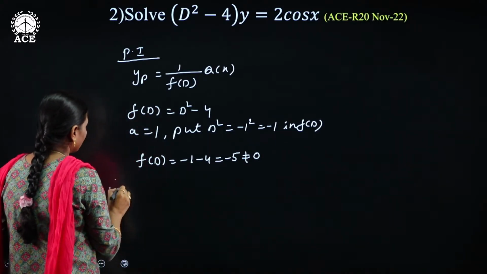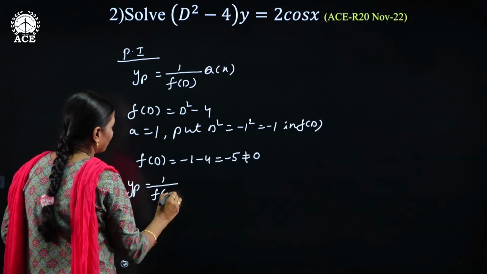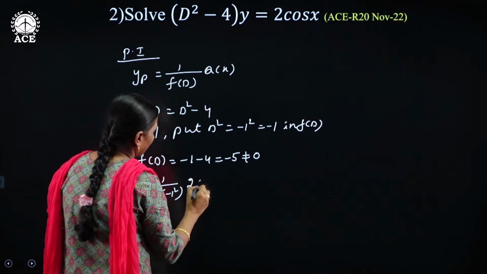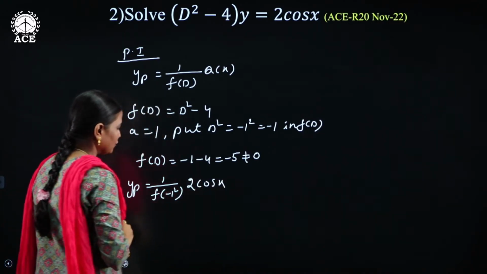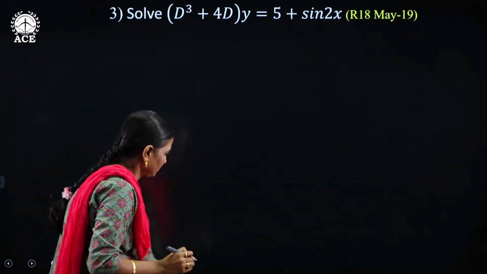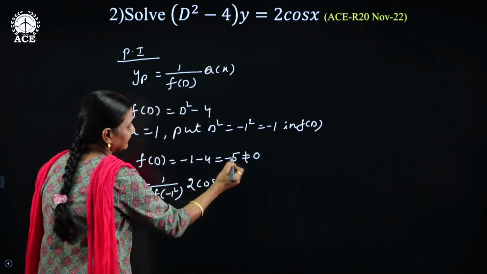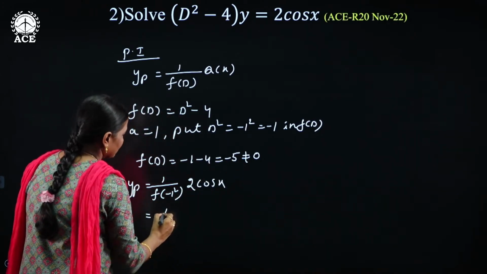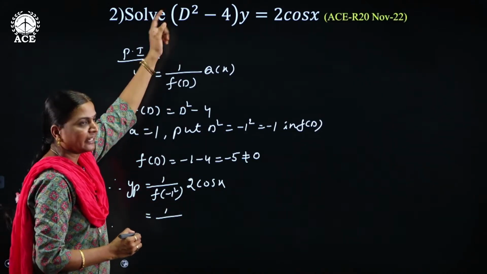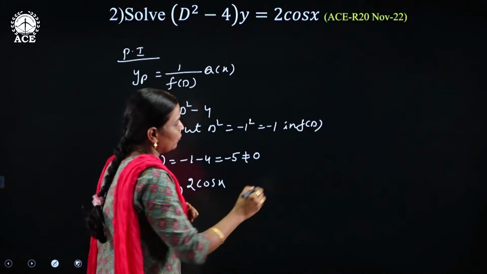So, how to write? Therefore, yp is equal to 1 by f of minus 1 square into 2 cos x. So, what is f of minus 1 square? Already calculated, that is equal to minus 5. That means replace d square by minus 1 square, not minus 1 whole square.